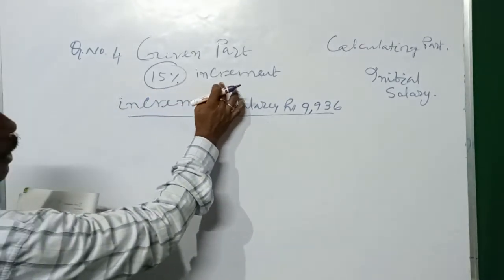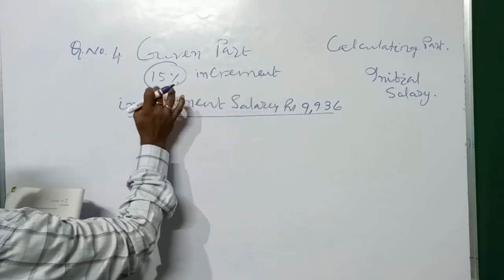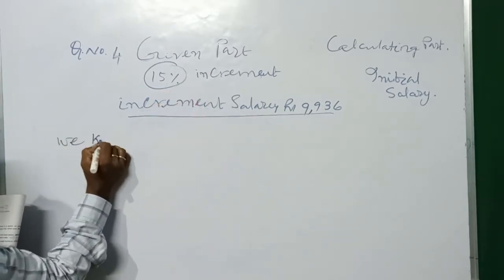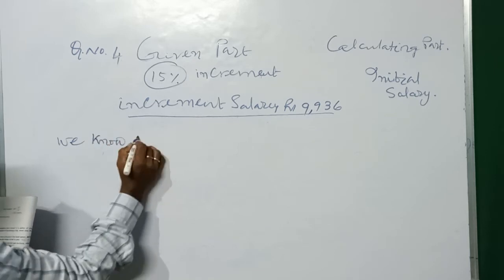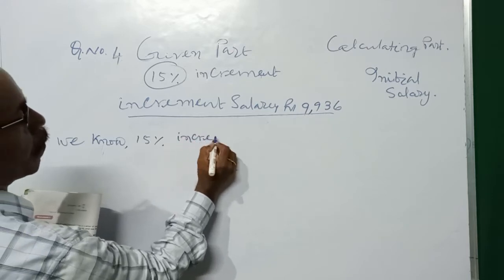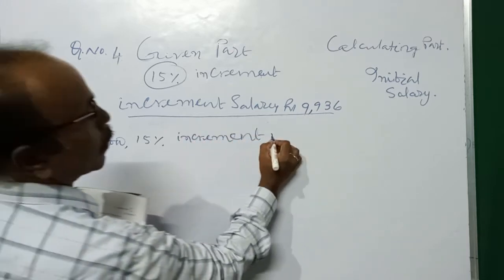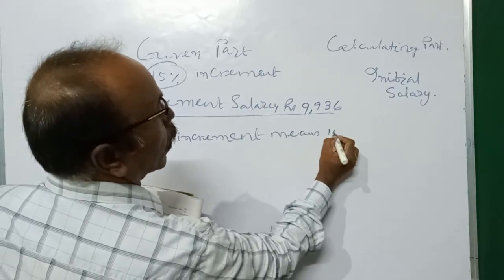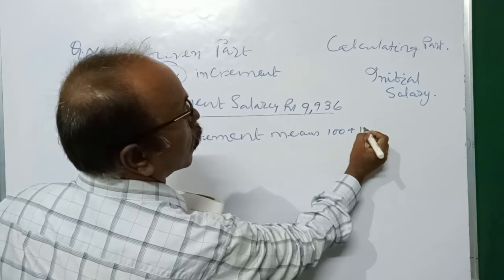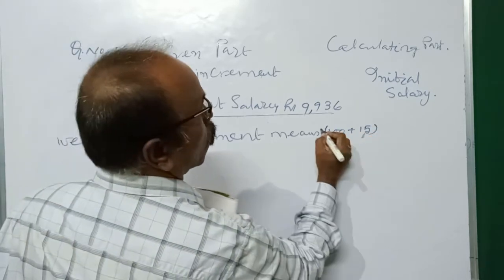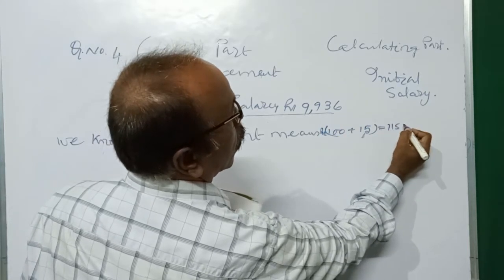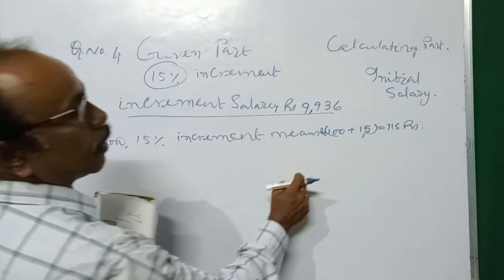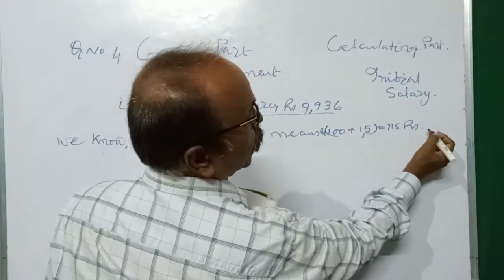As a 15% increment occurs here, we add 15 to the original salary. 15% increment means rupees 100 plus 15 is equal to 115 rupees.